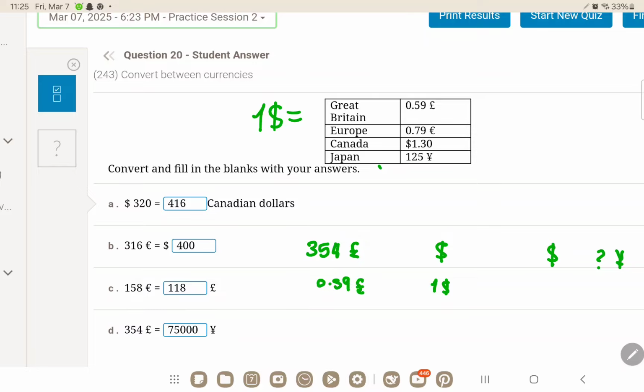So 354 divided by 0.59 gives you $600. Now $600, we know that $1 is equal to 125 yen. So 600 times 125 gives you 75,000 yen.